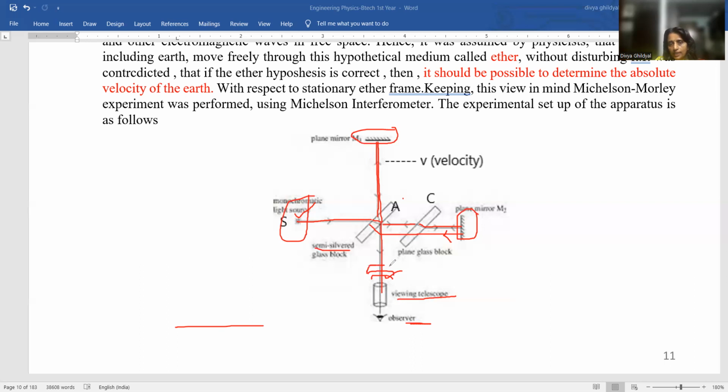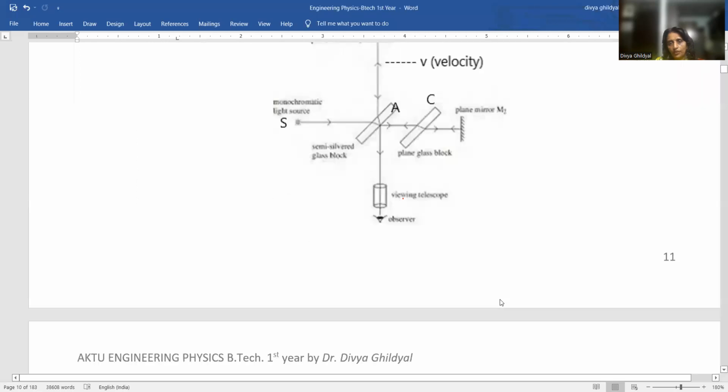I will find out the fringe width with the help of my very simple formula: distance is equal to speed into time, and velocity is distance upon time. Then with that fringe width value, I will try to perform this experiment at different places and different seasons of the year to see what happens to my fringe width.